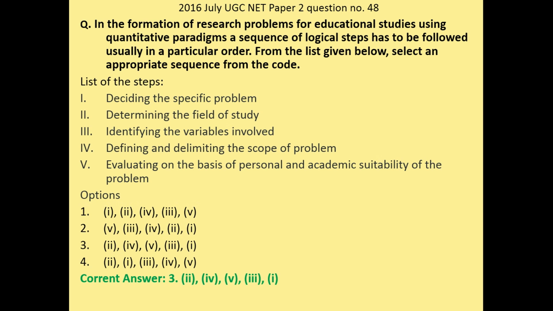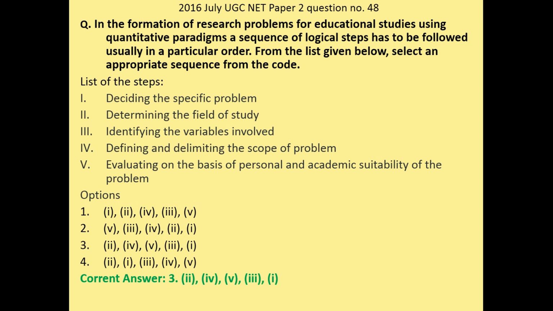From the list given below, select an appropriate sequence for the code. The list of the steps: first, deciding the specific problem, then determining the field of study, then identifying the variables involved, then defining and delimiting the scope of the problem, and lastly evaluating on the basis of personal and academic suitability of the problem. So what will be the correct sequence of the steps?